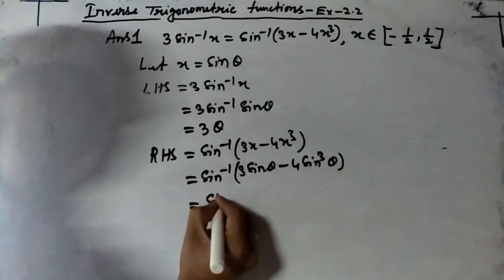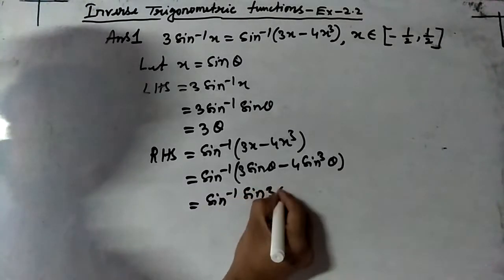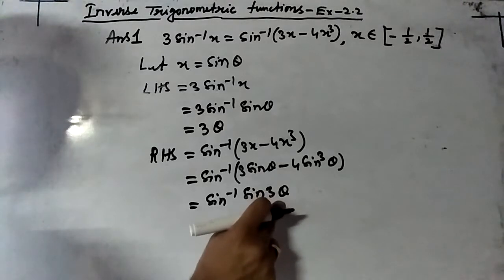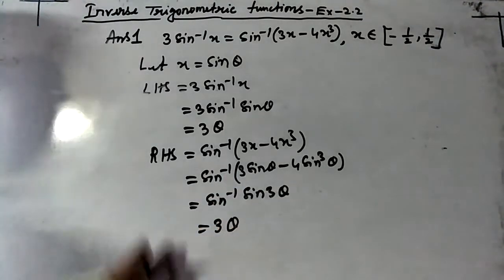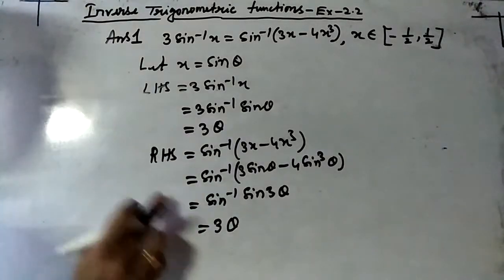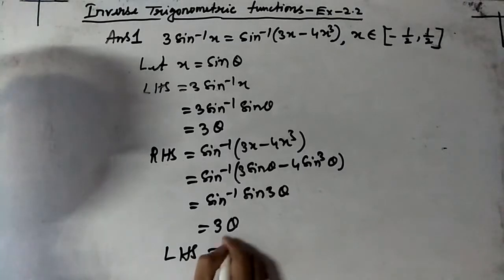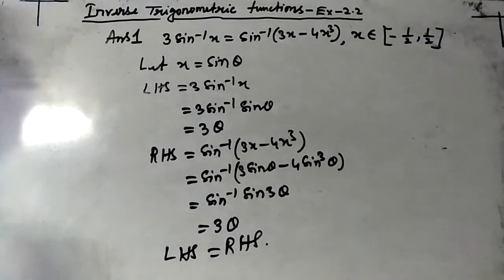So here it is sine inverse sine 3 theta. 3 theta also belongs to the range of sine inverse, so we can directly write 3 theta. Here also we got 3 theta, here also we got 3 theta. So LHS equals RHS.